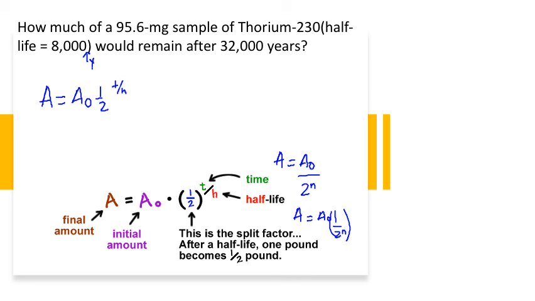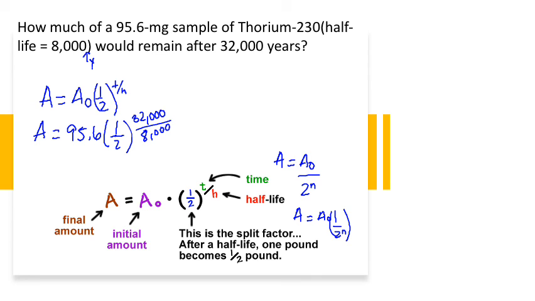And I'm going to plug it into both equations just to prove my point that they're the same. We're looking for how much of the sample will remain, so we're asking for the remainder, so we're looking for the final. So we know the original. The time that has lapsed is 32,000 years, and the half-life is 8,000.